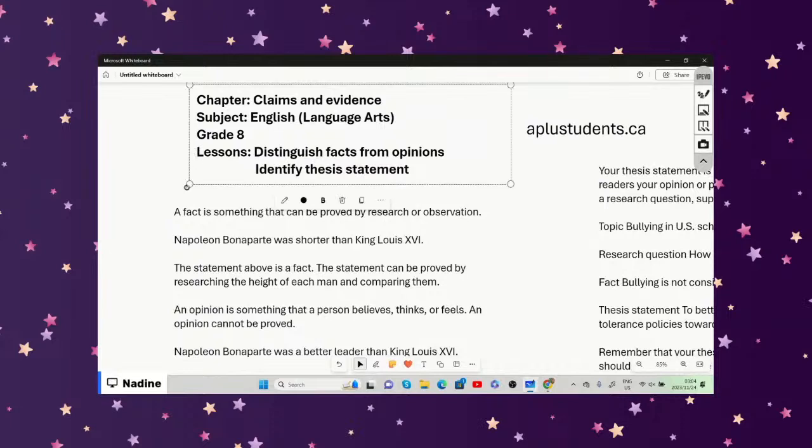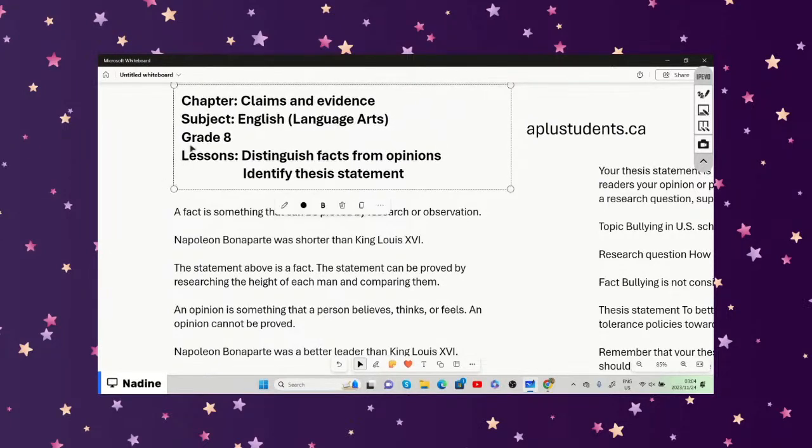So we see our chapter is claims and evidence. The subject is English language arts, grade 8. And the lessons that we are going to be focusing on today under this chapter are to distinguish facts from opinions and to identify the thesis statement.